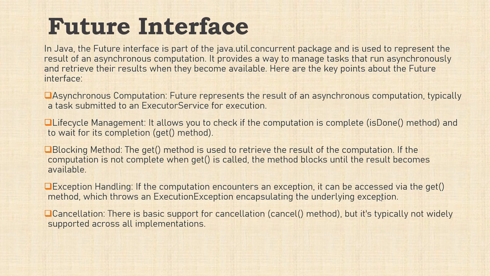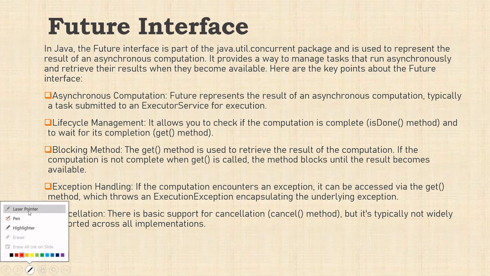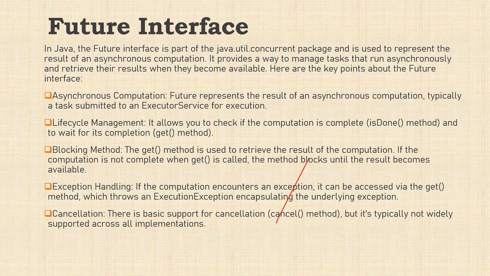The cancel method is there, but it's typically not widely supported across all implementations. So I think there are three methods: one is isDone, the second is get, and the third is the cancel method, which we use to cancel your current task.